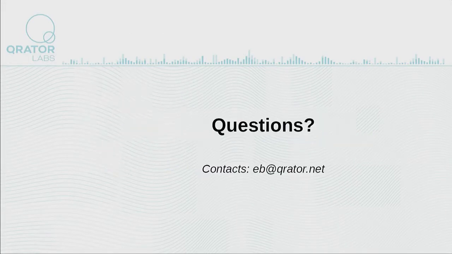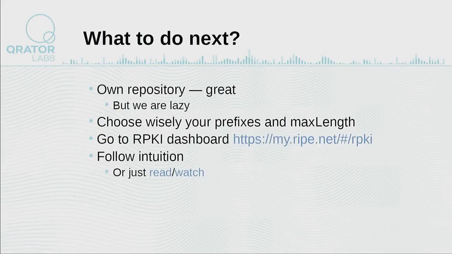And this is all. I really hope you follow this kind of recommendation and sign your address space today, because even a ROA with max length equal to the prefix length is much better than not having any ROA record at all.